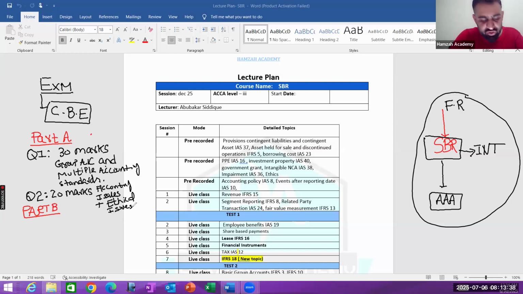There will be an accounting issue, and along with that, there will be an ethical issue relating to the accountants and the senior management.